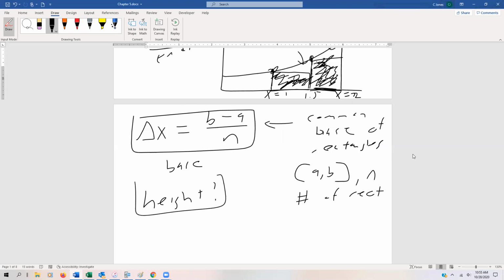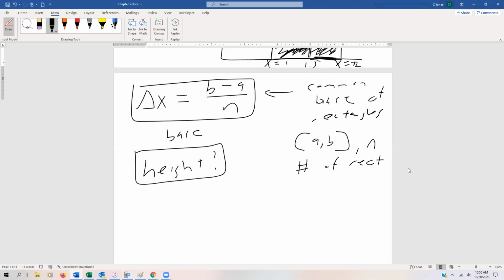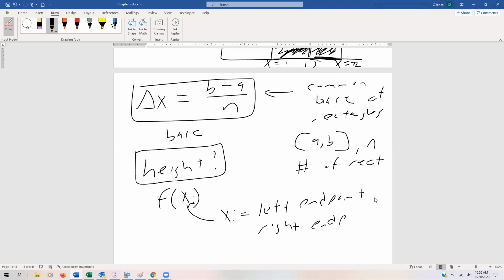We need a height of the rectangle, and the height is just going to be f at x sub i, where x sub i is going to be each of the different left or right endpoints. So x sub i is going to be either a left endpoint if we're using the left endpoint method, or the right endpoint.